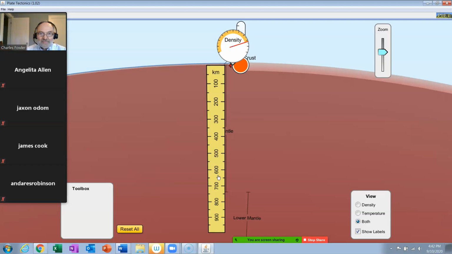Move the thermometer to near the boundary in the upper mantle and record the temperature there. Okay, so I'm going to move the thermometer down here. Now notice what's happening when I move. It's going up, up, up, okay, till near the boundary in the upper mantle.